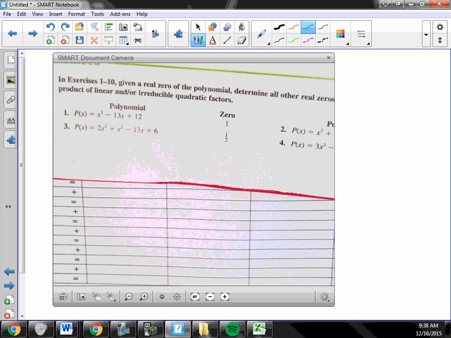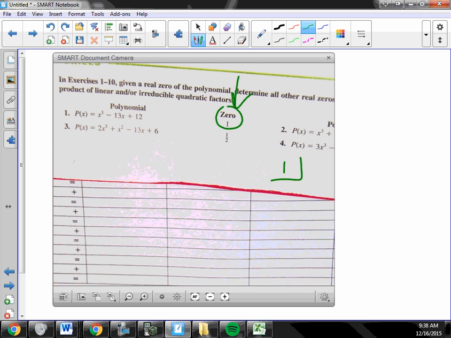So it tells us this graph hits the x-axis at 1. Find the other place it hits, and then list all the factors. So if this is 1, what do I put in the synthetic division box? 1, because roots go in the synthetic division box.